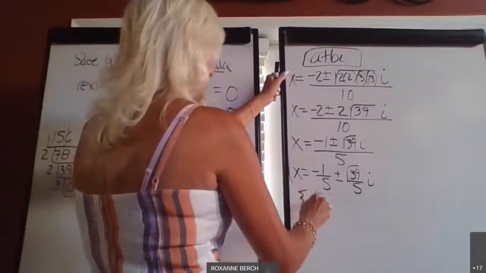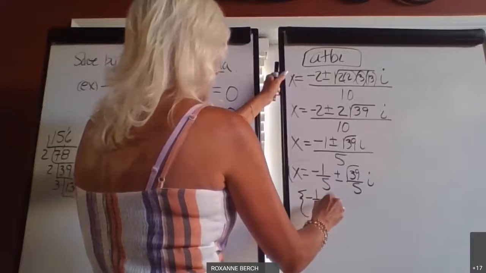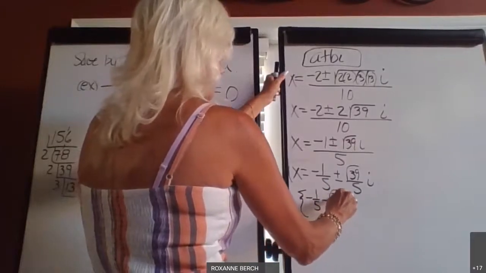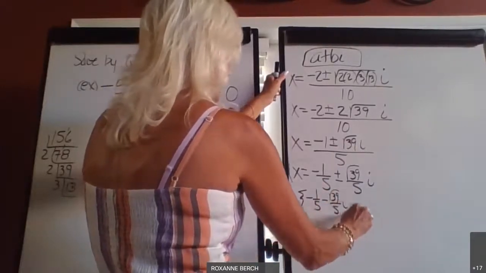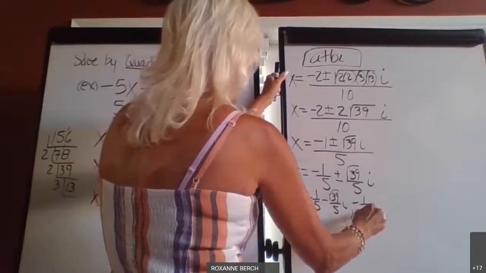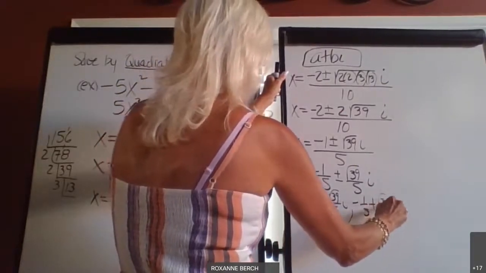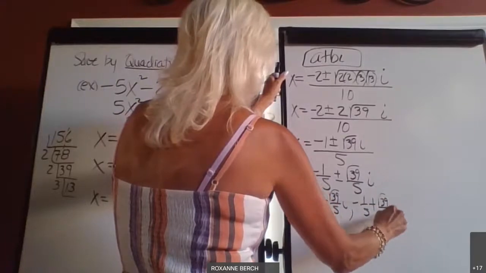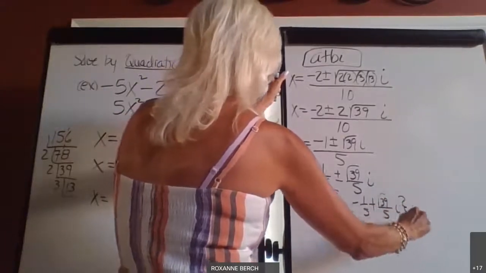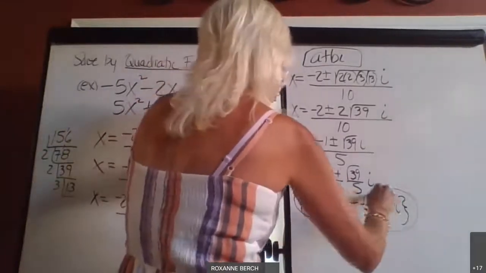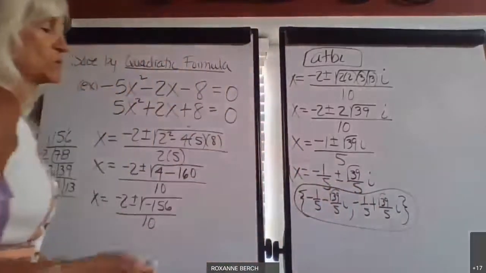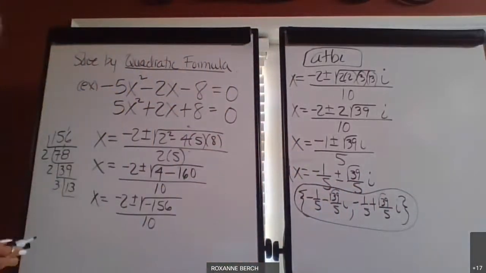So your two solutions would be negative 1/5 minus square root of 39 over 5i and negative 1/5 plus square root of 39 over 5i. So standard form of a complex number.